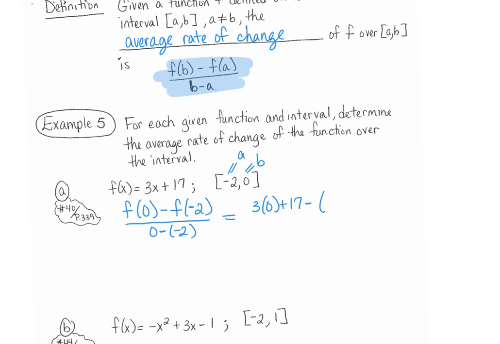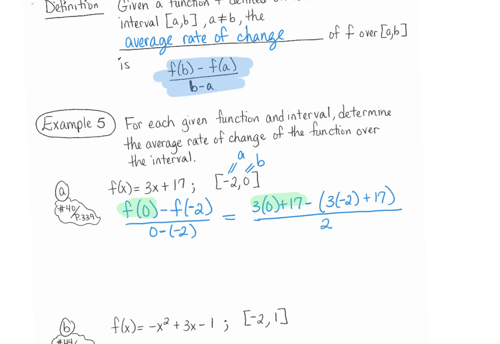This is the same thing as f of 0 minus f of -2. So now we put -2 in. We substitute -2 in for x to get 3 times -2 plus 17. So we'll be subtracting that entire quantity, and we're going to divide it by 0 minus -2, which is 2.